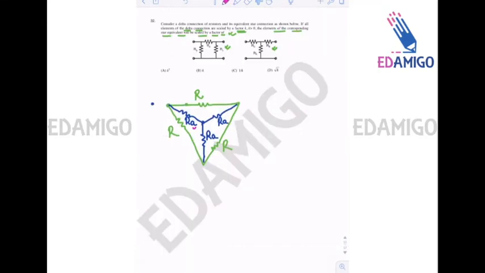Now the value of RA will be equal to R into R divided by the resistances to which it is connected, divided by the sum of all the resistances of the pi circuit or the delta circuit. So that will be equal to R by 3.